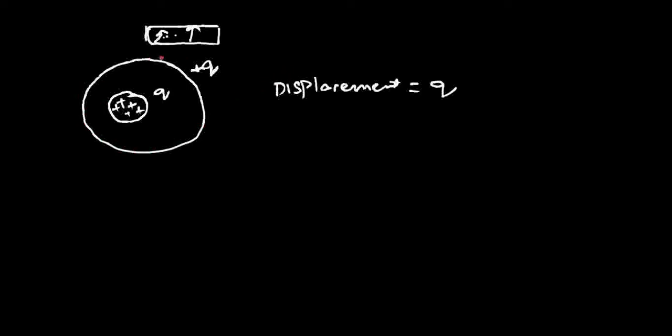And how much is the displacement? You notice the total displacement to be equal to the amount of charge enclosed by the surface. Now this is the total displacement that is observed, and understand that the total displacement always occurs on the outer surface of the big hollow sphere that is considered, right?